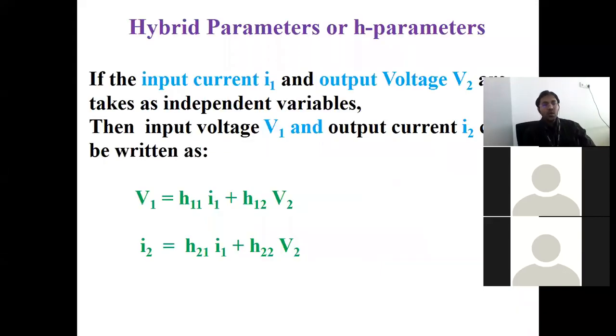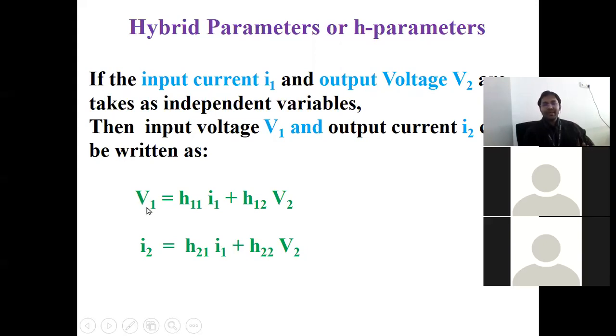So what will be the equation? Say z is a function of x plus y, then you have z equal to something into x plus something into y. Similarly, because V1 and I2 are dependent on I1 and V2, I can write a relation. For now, let us take H11, H12, H21, H22 as constants.